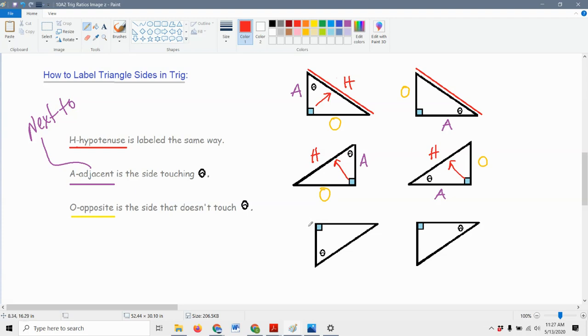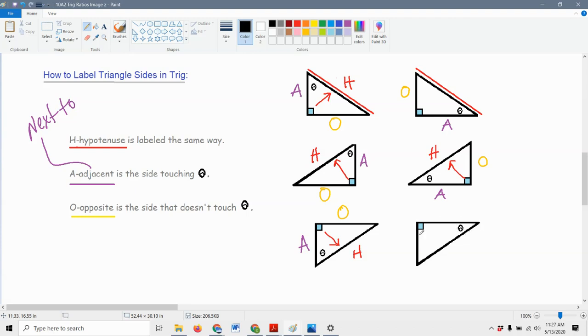Here's our 90-degree angle, directly opposite our long diagonal, of course, is our hypotenuse. Now we're looking for the adjacent side, which is the side touching theta. We label that A. That side all the way across that's not touching, we label O. This last triangle, I'm just going to label with black so you guys can kind of get a sense of what it looks like when you're just working on paper.